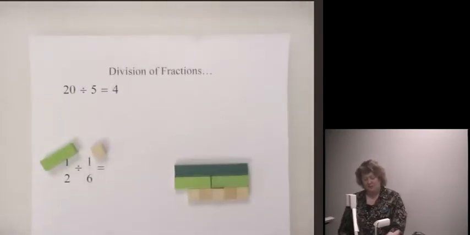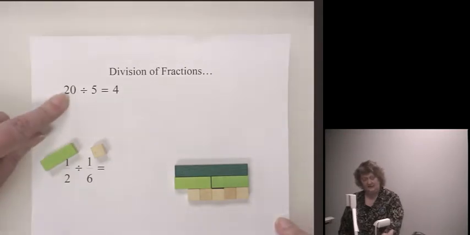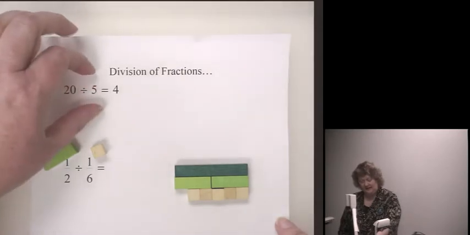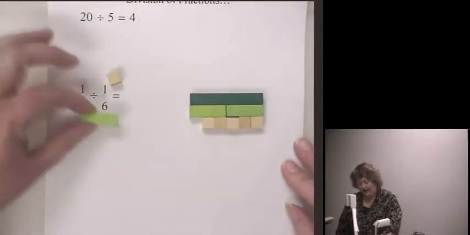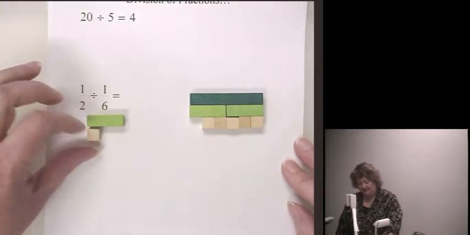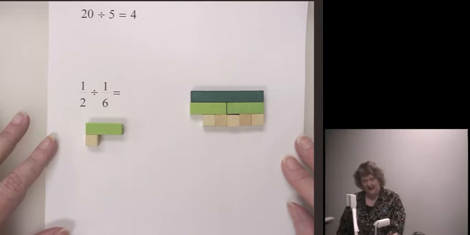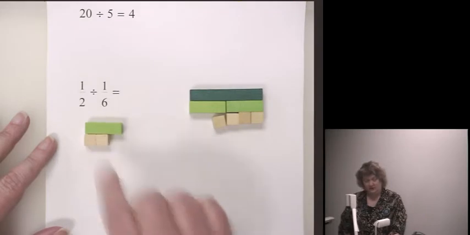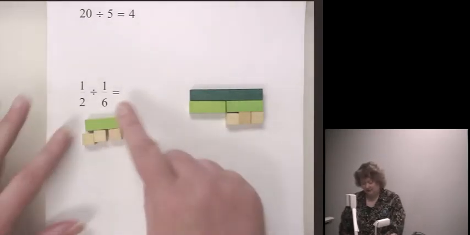So just like I wanted to say how many groups of 5 I had in 20, or how many size 5s fit into the 20, I want to know how many size 6s I can fit into this 1/2. Well, there's 1, there's 2, and there's 3.